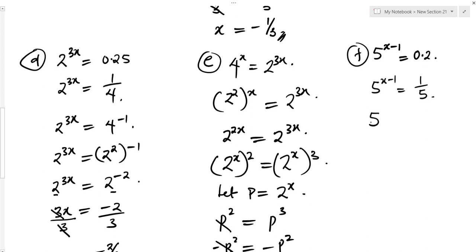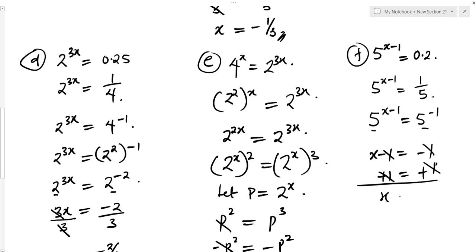So 5 to the power of x minus 1 is the same thing as 5 to the power of minus 1, because 1 over 5 is the same thing as 5 to the power of minus 1. Since the bases are the same, you equate the powers. The powers will be x minus 1 is equal to minus 1. So if you add plus 1 to both sides of the equation, this will cancel out, so x is equal to 0.